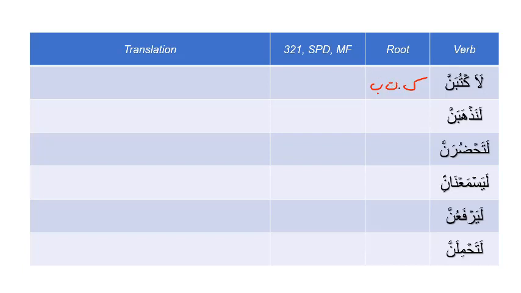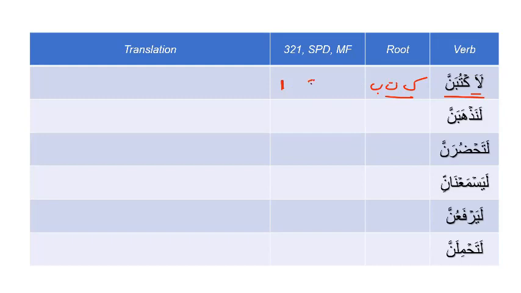Yeah, to write. Actually, just kataba is the verb to write. But now from this, we need to come up with, first of all, whether this is third person, second person, or first person. No, this is aktubanna. First person. Is this singular, plural, or dual?